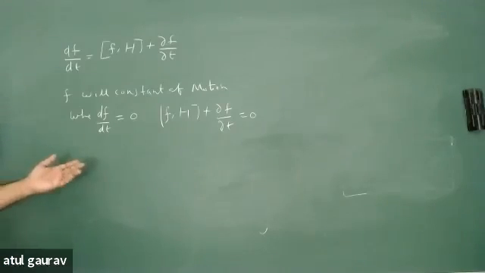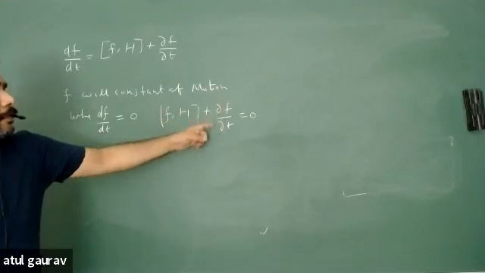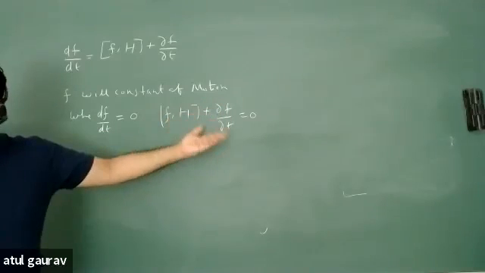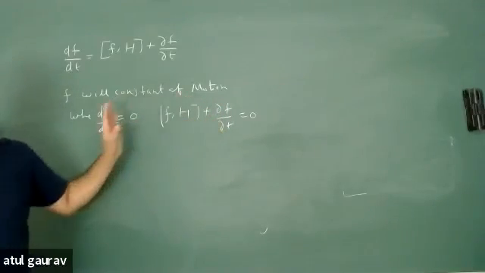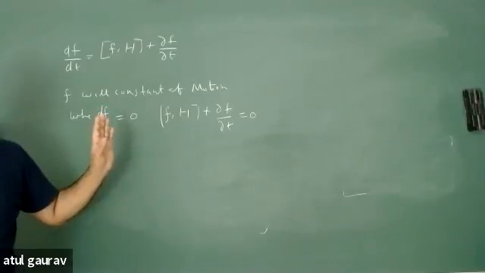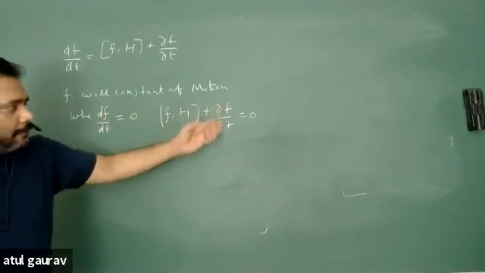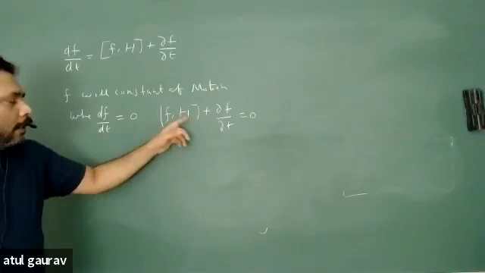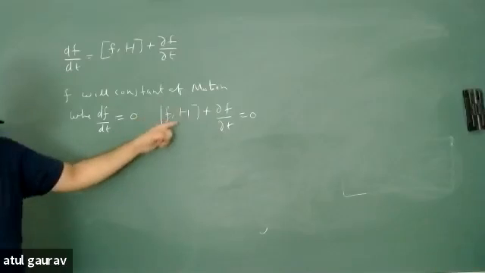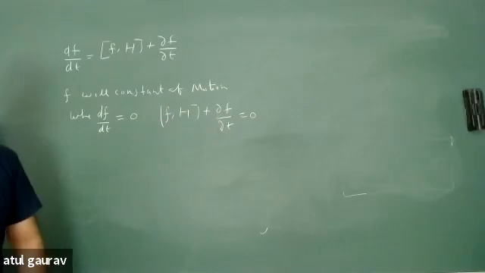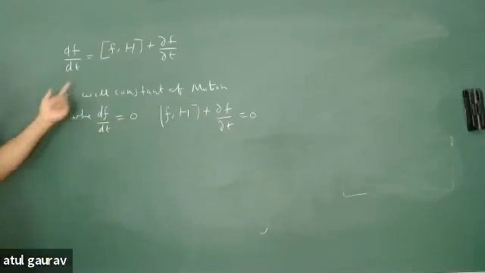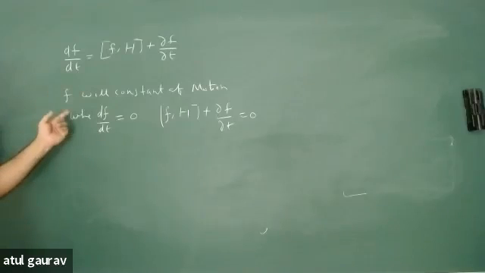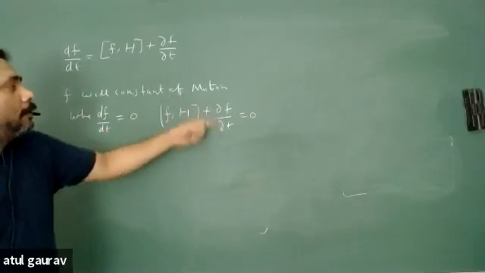Even if it is not necessary whether it is an explicit function of time or not. Suppose f is not an explicit function of time, then you have this: f and H must commute. Then only this f will behave like a constant of motion. Otherwise, this whole term must be equal to 0.